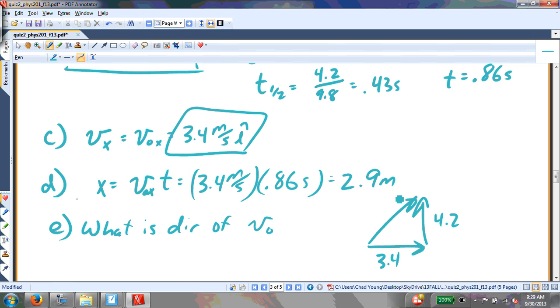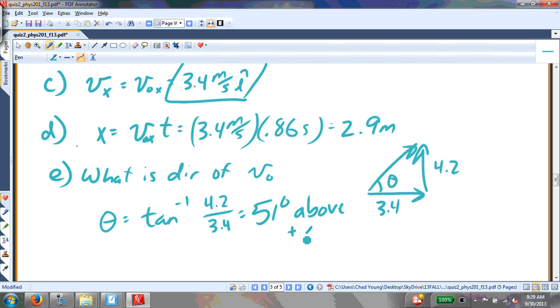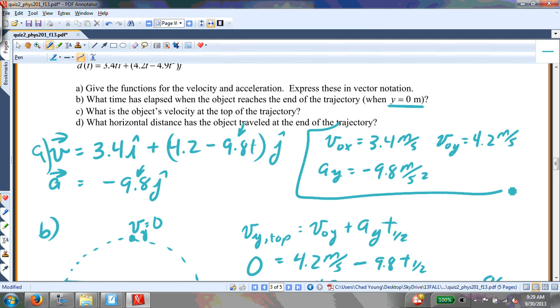So I want to know what is this angle. To find that angle is the inverse tan of the y component over the x component, which is 51 degrees above the positive x-axis. And that was it. It became a pretty simple projectile motion problem once you figured out what all these initial values were, which you have to get from the function.